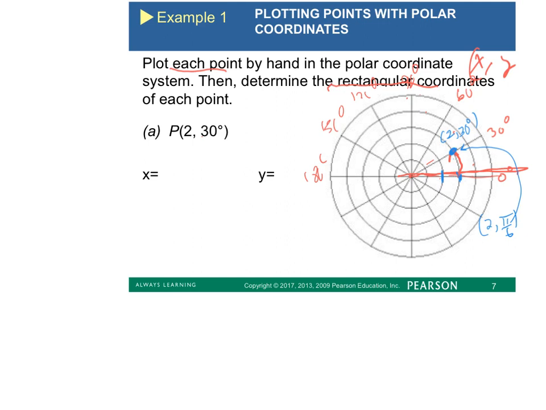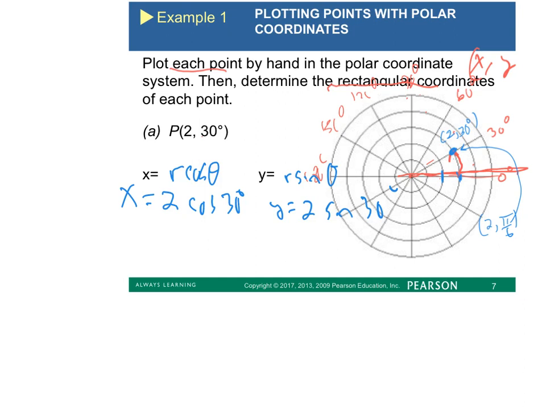So now I have to convert them into rectangular. X equals r cosine of theta, y equals r sine of theta. x equals 2 times cosine of 30 degrees, y equals 2 sine of 30 degrees.